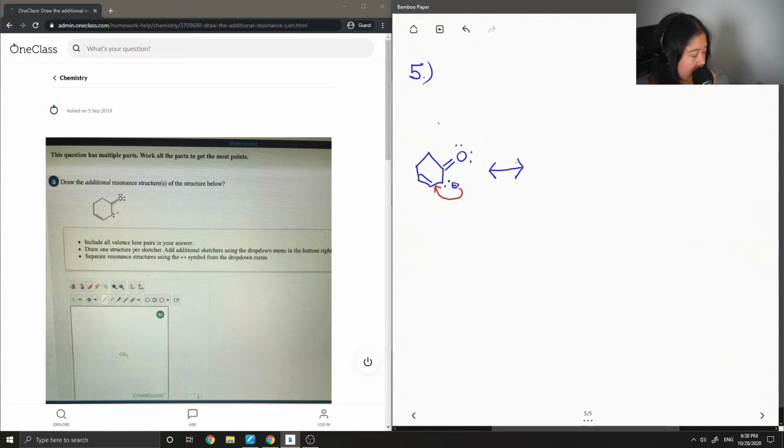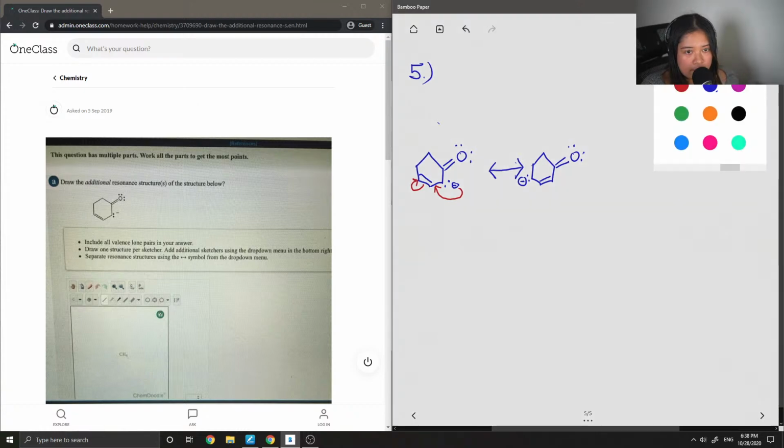And then from there, this double bond will transfer the electrons onto the carbon that is right beside it. So one resonance structure will end up looking like this. We have a new double bond right there. And then we have the pair of electrons right there.